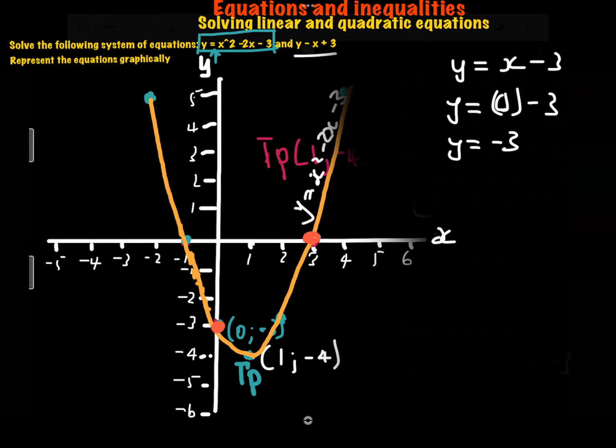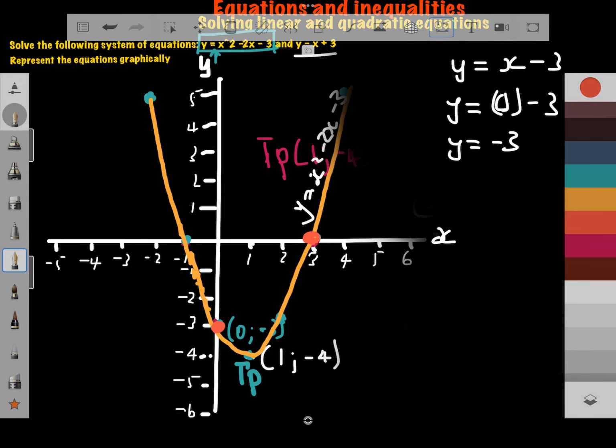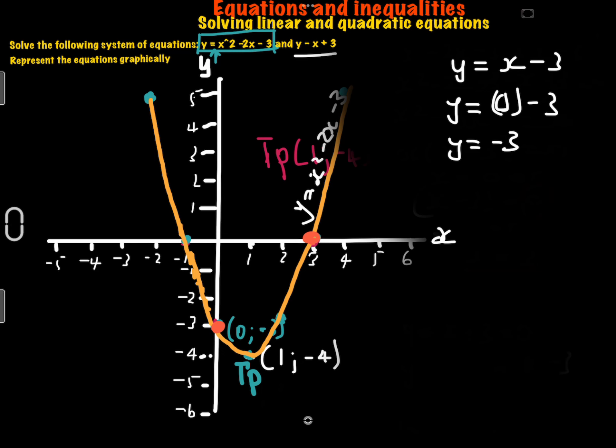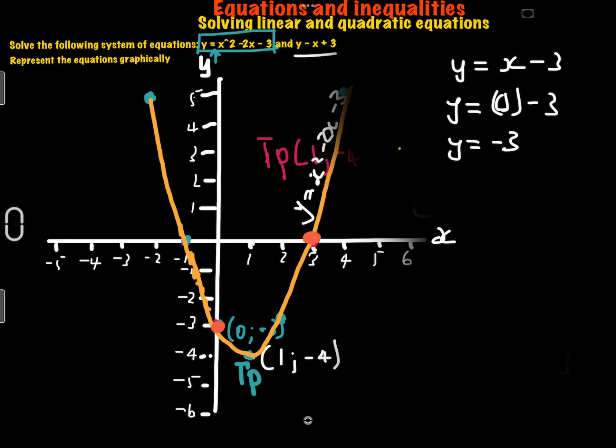So what I need to do now is to simply join our two coordinates. Okay, these are the two coordinates here. That means a straight line, a linear equation. So this is the line.